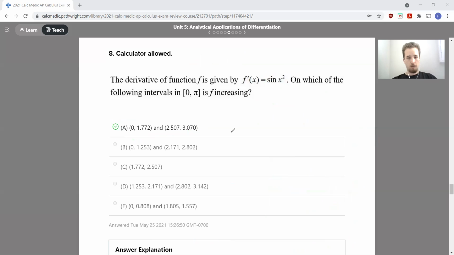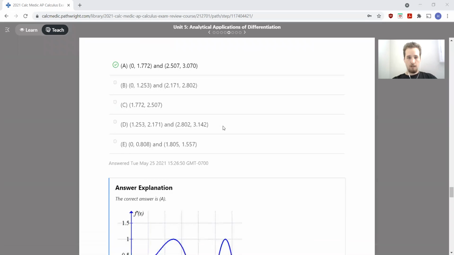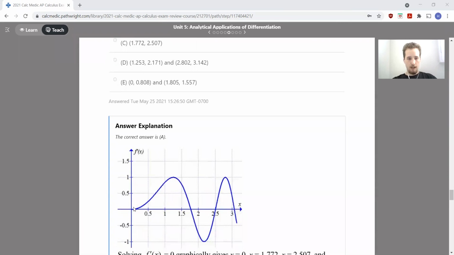Another way is you just graph the equation, sine of x squared, and this is what you get, and you can get the intervals just from the graph. But in case you're not given a calculator, this is how you do it. Wherever this is positive is your answer here. So it's positive from here to here and here to here.